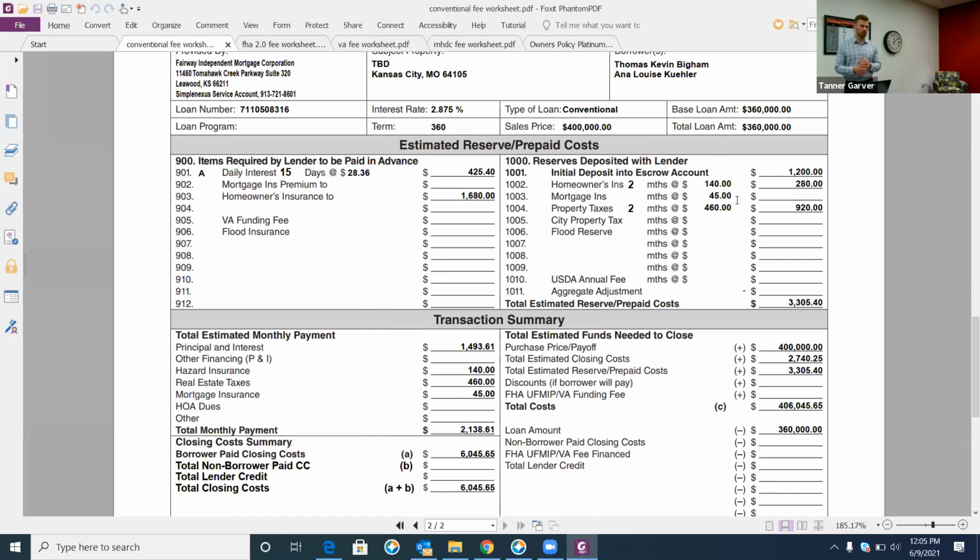Most people bring zero out of pocket, and if you close at the beginning of July, you still get to miss those first 2 months of payments. Without making those 2 month payments, if you're paying $2,000 a month, it costs you $5,000 to do the mortgage, but you're getting $4,000 back for missing 2 payments. Okay. And we can change from 30-year to 15-year? Yep. Okay, sounds good. Thank you.